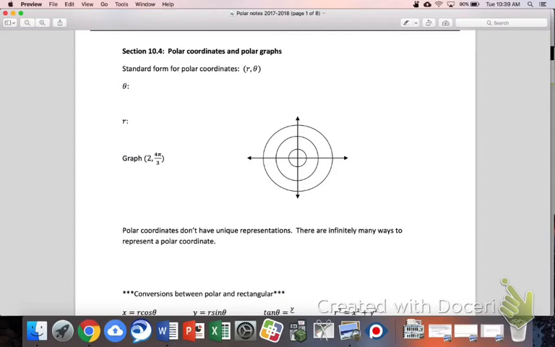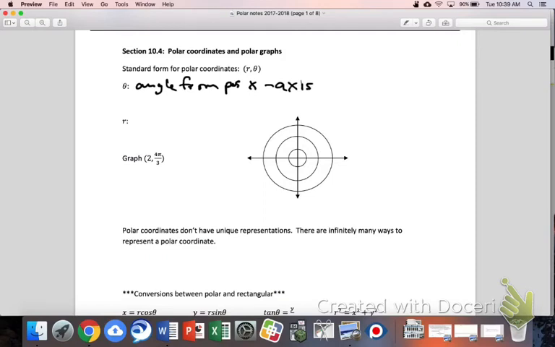Theta in this scenario is the angle that you turn to. I'll put this: it's the angle from the positive x-axis. A lot of people have a misunderstanding of polar.